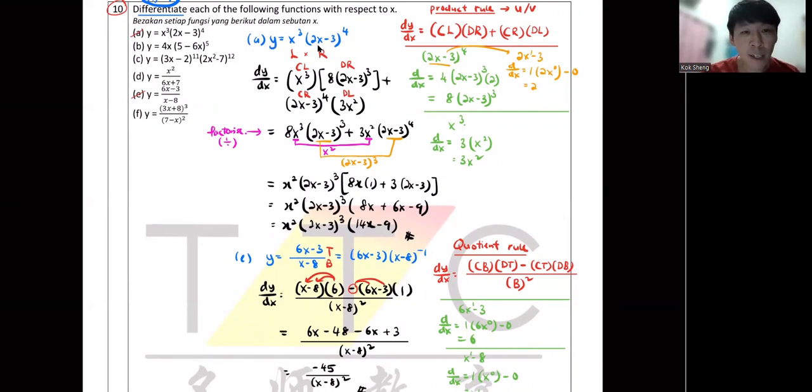The A here, you have the X for both sides, the X cubed and the bracket. So both also need to differentiate, right? Because the power mark, the X mark, both also need to differentiate. Get the idea? So that's why we go for the product rule here.